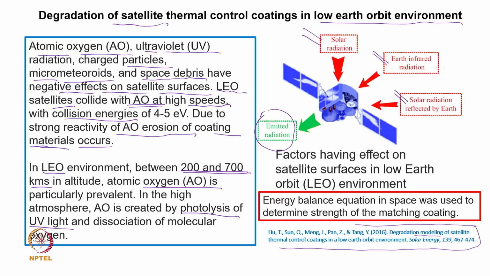So, if there is molecular oxygen available there, there is a possibility of AO, but more AO will be available in the range of 200 to 700 kilometers from the earth surface. So, these are the important aspects to consider: what is really the altitude of the spacecraft, or say the satellite. If the satellite is below 700 kilometers, naturally the impact, or the effect of AO, will be more.